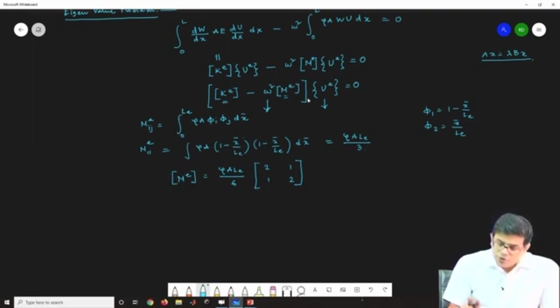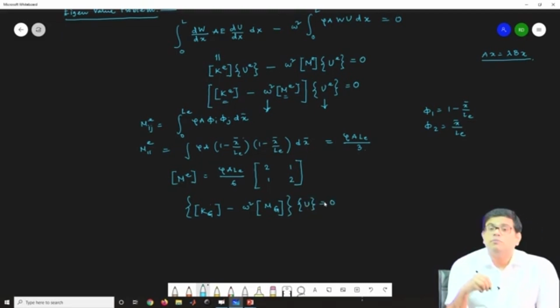Now if I know my mass matrix, the rest of the procedure is very simple: the standard assembling procedure. I will get the global stiffness matrix Kg, then omega squared, where omega is the eigenvalue here. Similarly I will get the global mass matrix, multiplied by the global mode shape vector u.